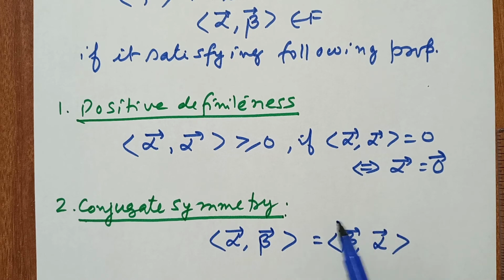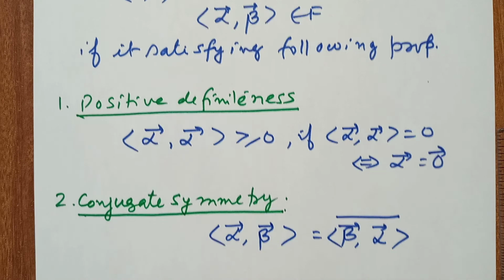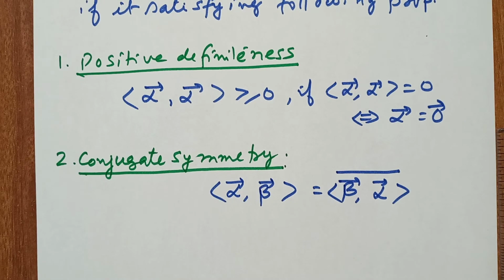So this is the notation of complex conjugate. And the third is linearity in the first variable.